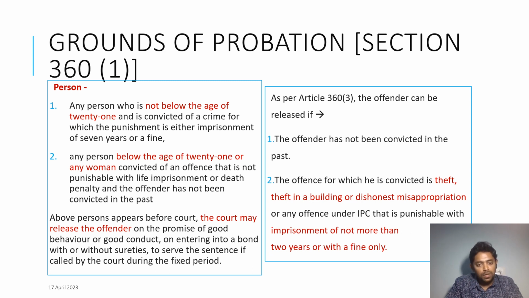The above persons appearing before the court may be released on the promise of good behavior and good conduct, on entering into a bond with or without sureties to serve the sentence if called by the court during the fixed period.